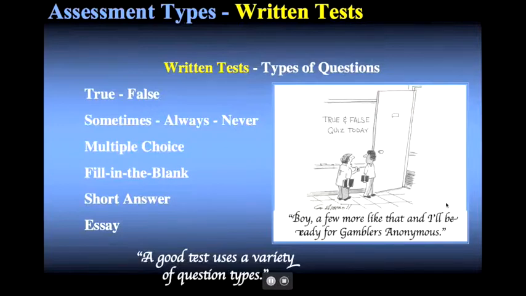It doesn't take long. They're easy and quick. But again, the negative is that there's a 50-50 chance, and so guessing could be a possibility, and that leads to some low reliability on those tests. Typically, we use true and false for those ideas that maybe could be complex that you could synthesize to one idea.